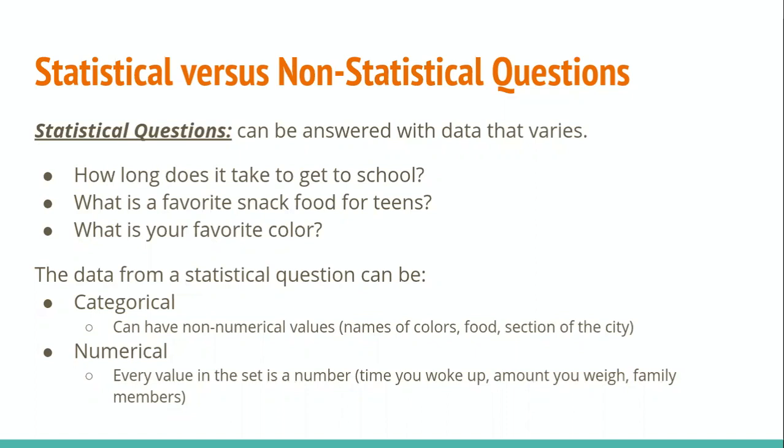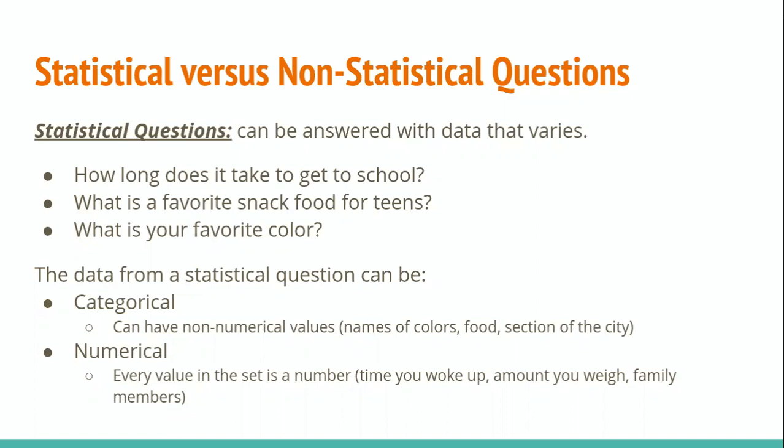So again, our second and third questions would have been categorical. Okay, so again, the names of colors, food, section of the city. We can then categorize or group ourselves according to the response.